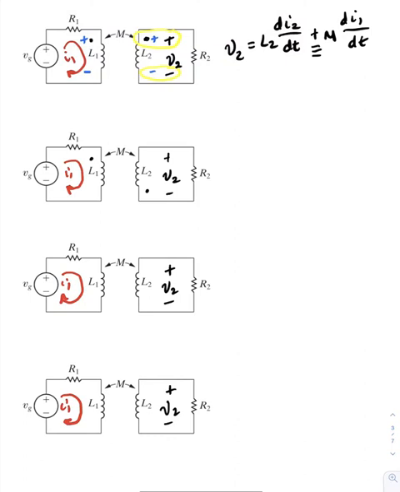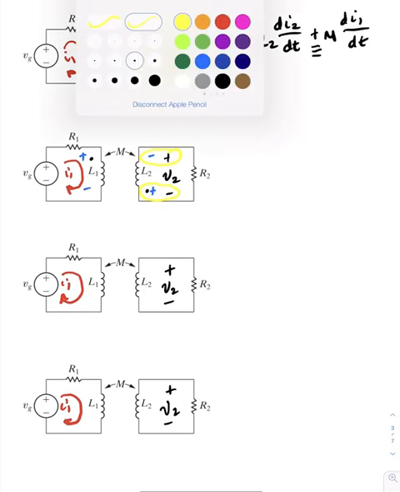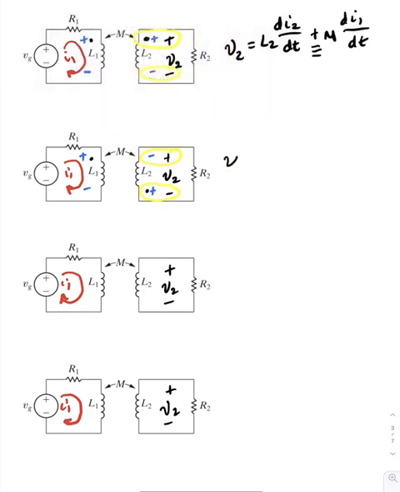In case number 2, our current is entering the dotted terminal, so we will put a positive at the dot on our second inductor. We can see that our reference polarities are opposite. So voltage 2 is the self-induced voltage caused by current 2 minus the mutually induced voltage by current 1.